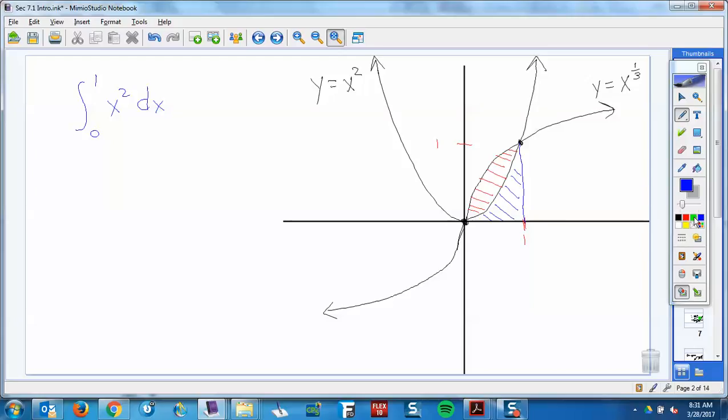And then the green area, what would that green area be? 0 to 1 cube root of x dx would be the green area, right? And then take the green minus the blue, and that should leave me the blue.